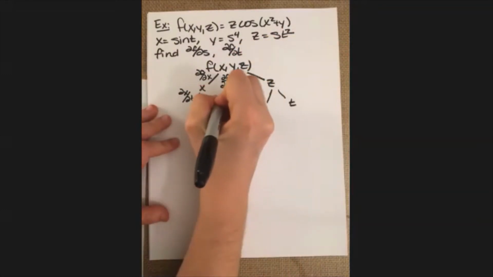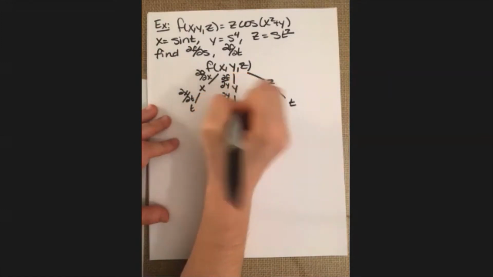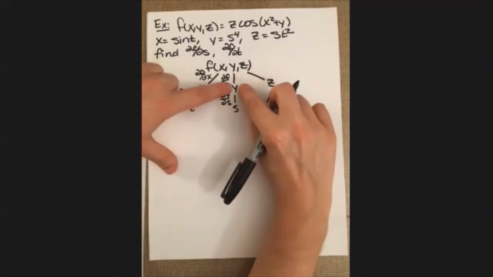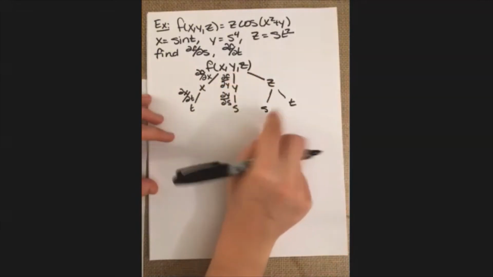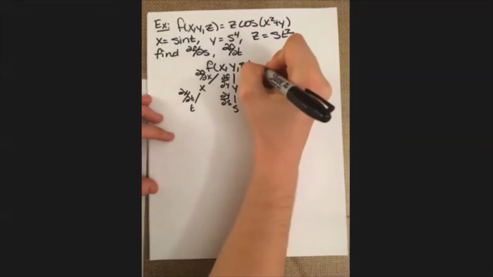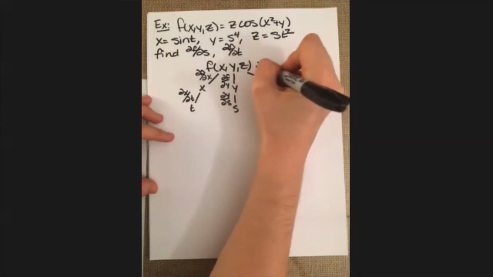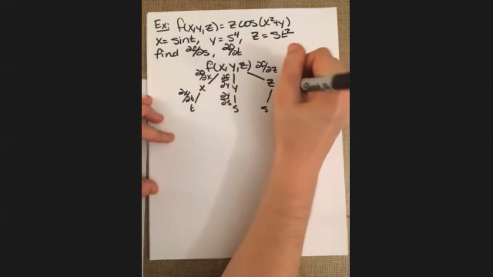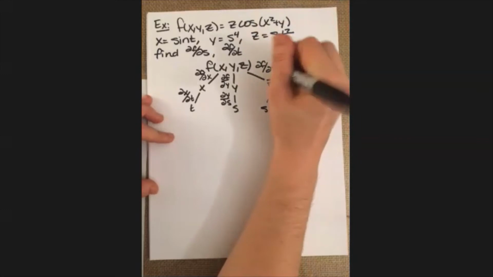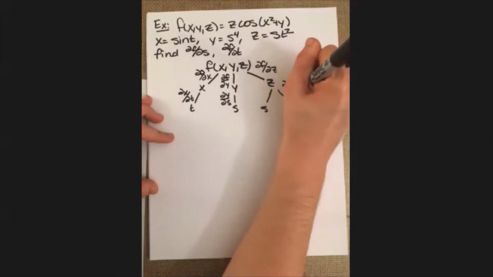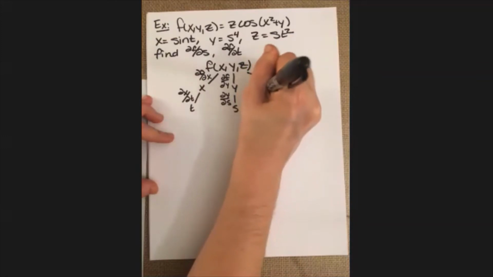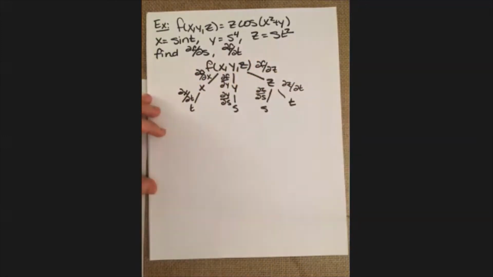And then dy ds corresponds to this leg right here, because a change in y had to come from a change in s. We can apply the same idea on this third leg. Df dz for this part right here, or partial of f with respect to z, partial of z with respect to t, and then partial of z with respect to s. Okay.